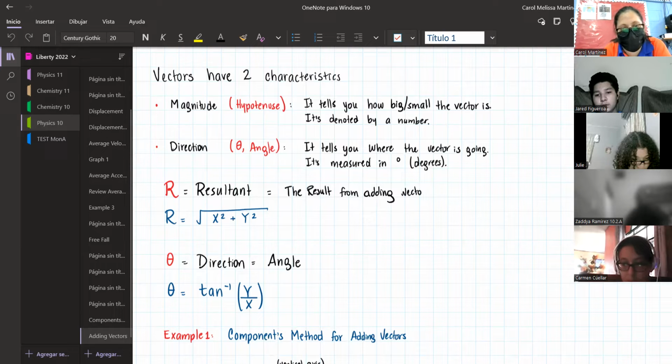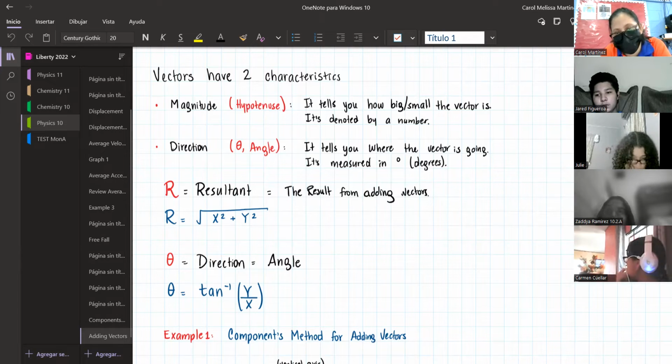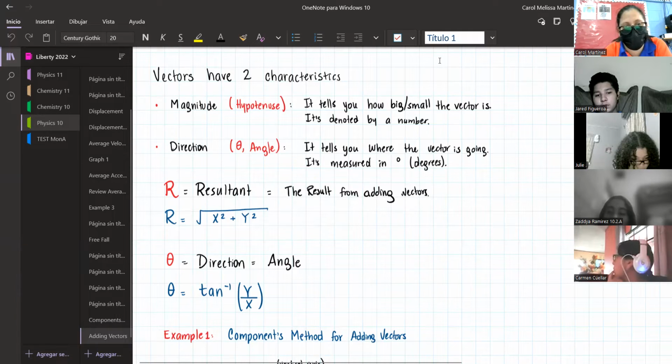So when you add vectors, the answer that you get is what is known as the resultant, and that is the formula that you see over there. R is equal to the square root of x squared plus y squared.